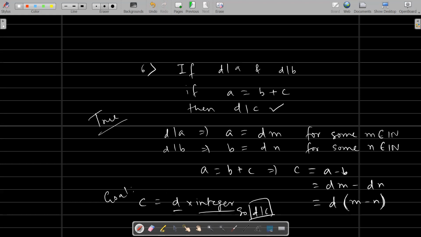Sir, I've used that if D divides A, then A can be written as D times Q1 plus D times Q2, and Q1 and Q2 can be written as the integers B and C. Yes. Okay. Shall we go ahead? Yes, sir.